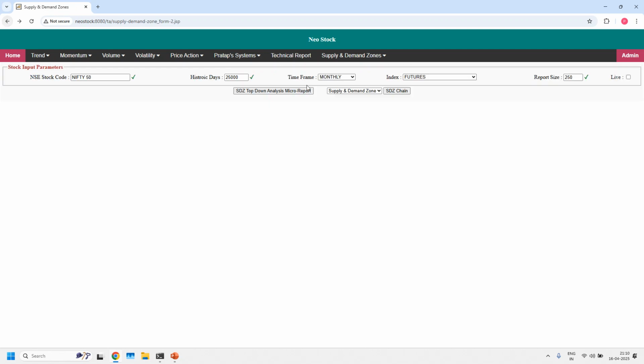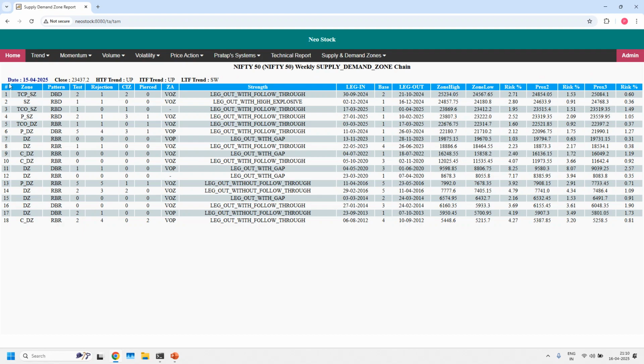Okay, next, generating weekly supply demand zone chain for NIFTY. Weekly is also the same. The weekly timestamp will be displayed. See, the current week going on is the 15th. The 15th is this week's open, the candle's open price.